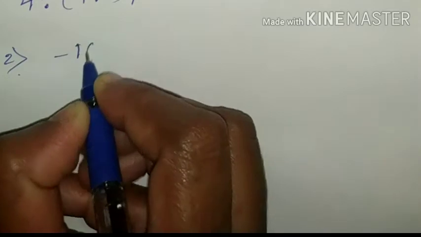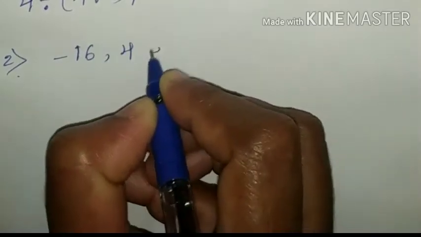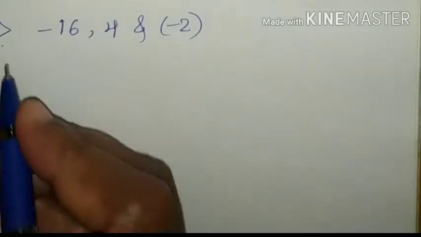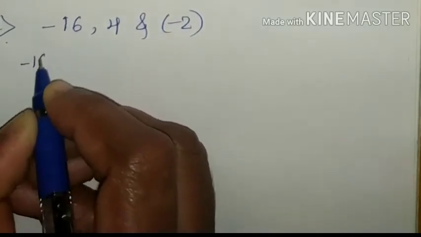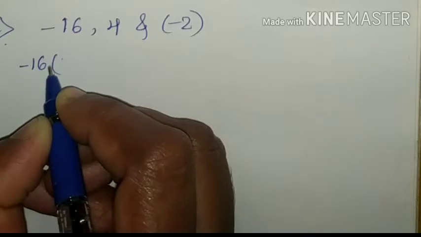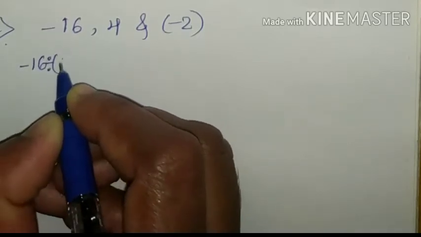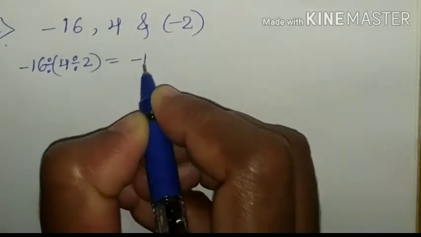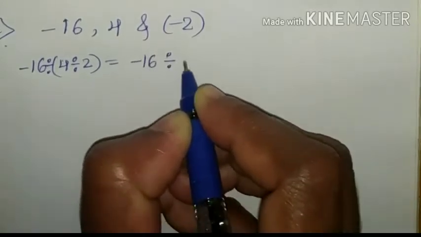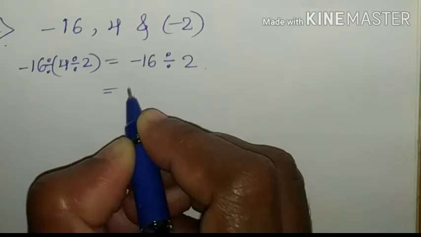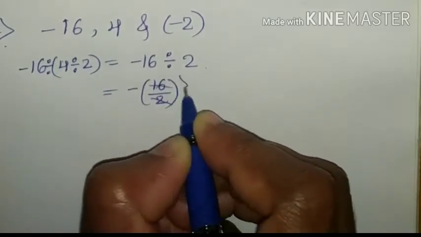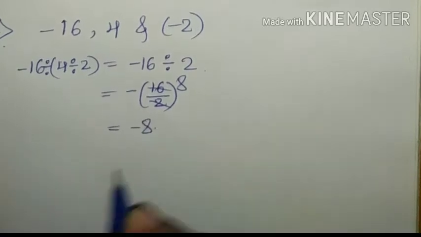Minus 16, 4 and minus 2. In this case, minus 16 divided by (4 divided by minus 2). 4 divided by minus 2 is minus 2, so minus 16 divided by minus 2 is 8.